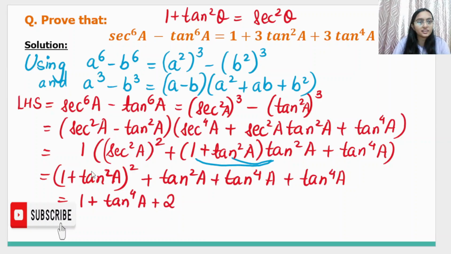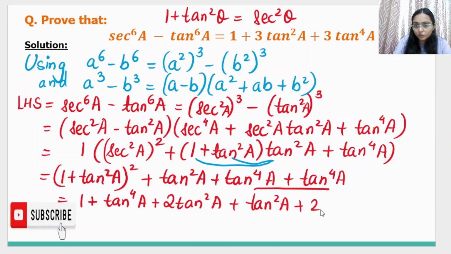So 2a is nothing but 1, so it remains as it is. So 2 times tan square a, plus tan square a, this as it is, and these two can be added together to 2 tan 4a, right?